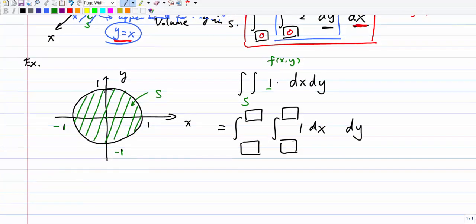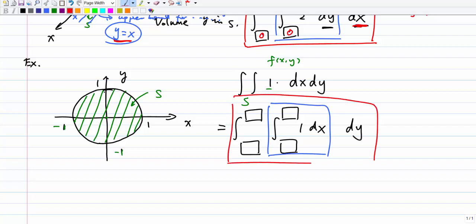So again, the key question becomes: how do I figure out the lower bound and upper bound for both the inner integral and the external integral? Let's start with the external integral. For y, we are always trying to figure out the minimum of y and the maximum of y I can select. For a circle centered at the origin, it's fairly easy to see that the maximum is 1.